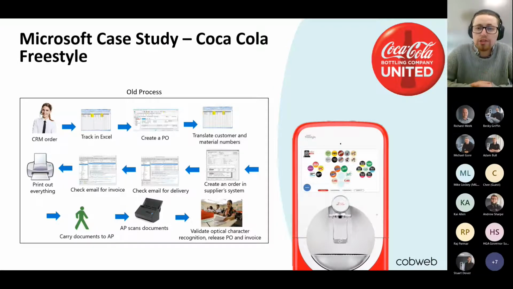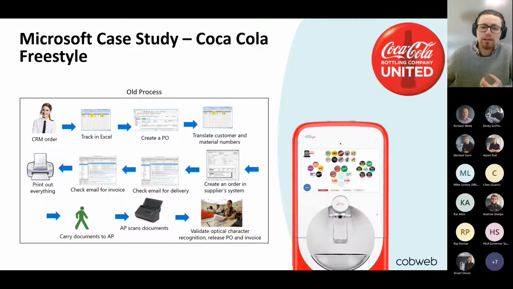So for today's case study, I wanted to dive into a company that we all should have heard of, Coca-Cola. Coca-Cola has a long history of supplying soft drink products directly to retailers and restaurants. But when Coca-Cola introduced the new Freestyle vending machines, Coca-Cola United, a privately owned sister company of Coca-Cola, were challenged to streamline the order and invoicing process.